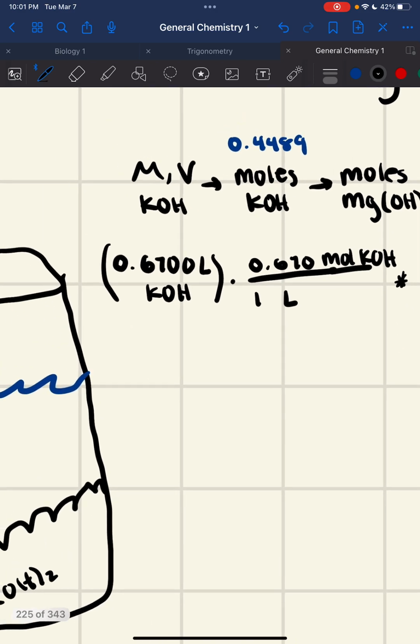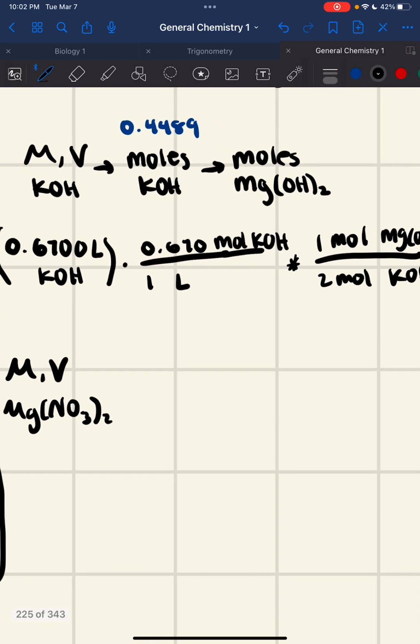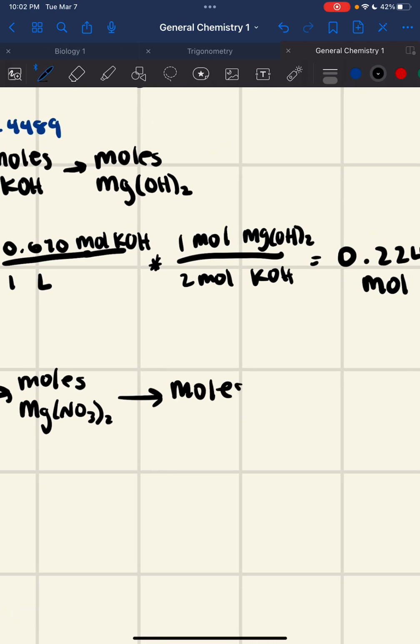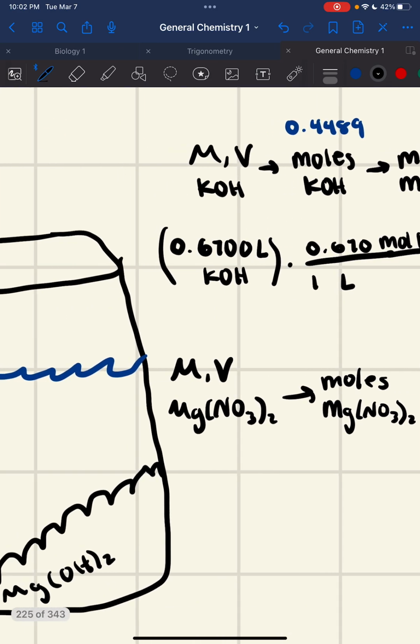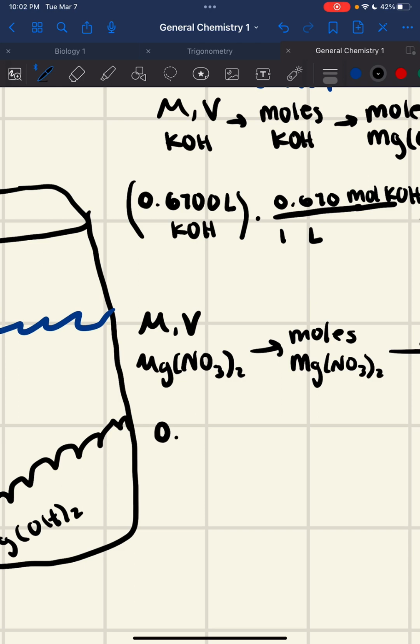Alrighty, so the mole map is going to be, again, molarity times volume of magnesium nitrate. Trying my best here. And then that's going to go to the moles of magnesium nitrate, and that's going to go to the moles of magnesium hydroxide, which is therefore going to be 0.6700 liters.